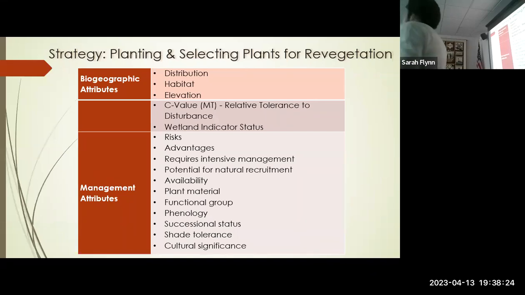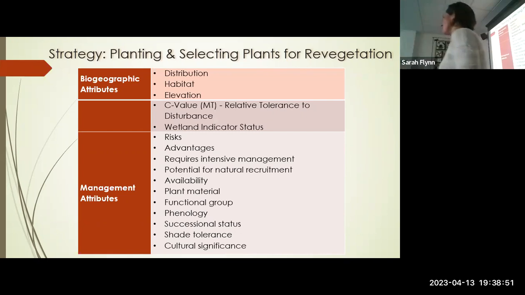We look at things like the C value. Some of these are very tolerant of disturbance. I think the C values of 0 are like noxious weeds, and then 5s are some of the more native plants that are not very tolerant of disturbance and may not be ones that we would want to plant because they may be harder to get established. Not that we don't want them, but they may just be harder to plant and have success with.